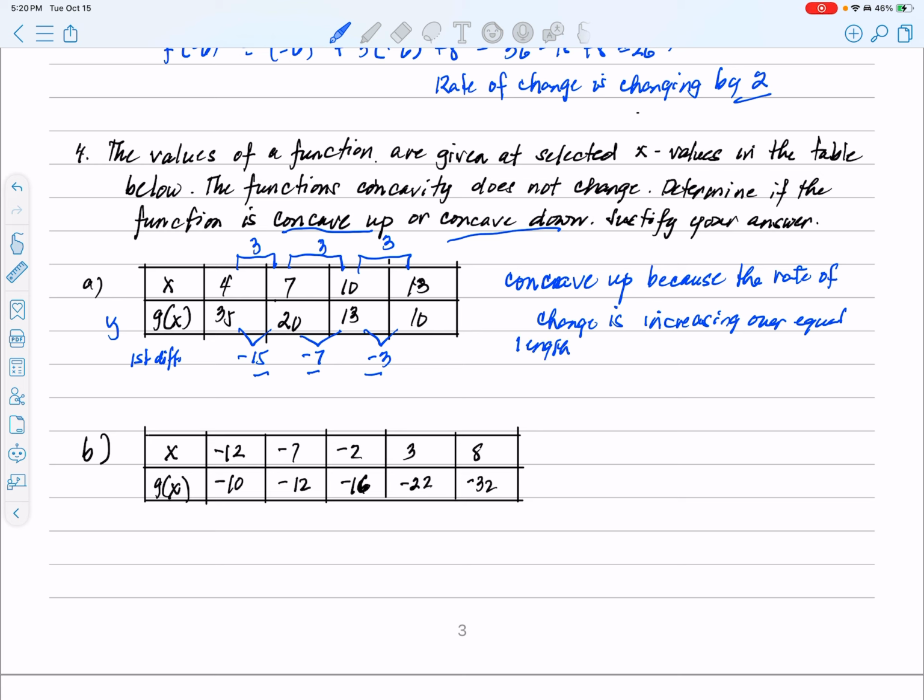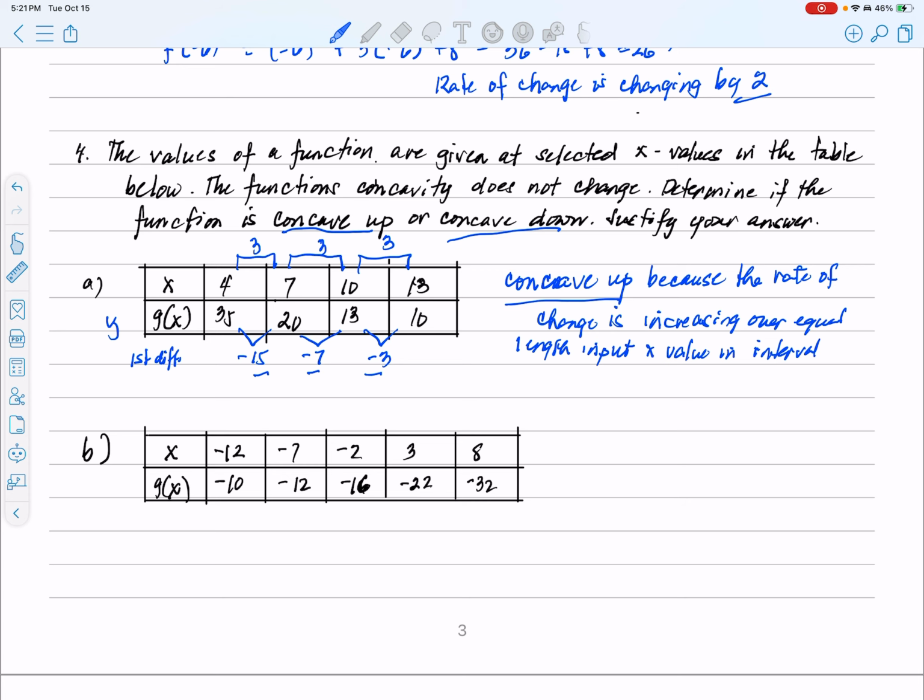What's the length? Input. Length of the input value, x value, in the interval. That's it. Negative 15 increased to negative 7, then to negative 3. So it is concave up.